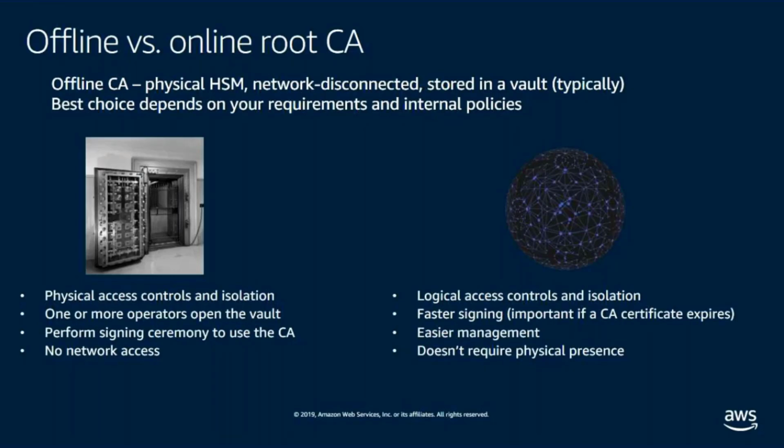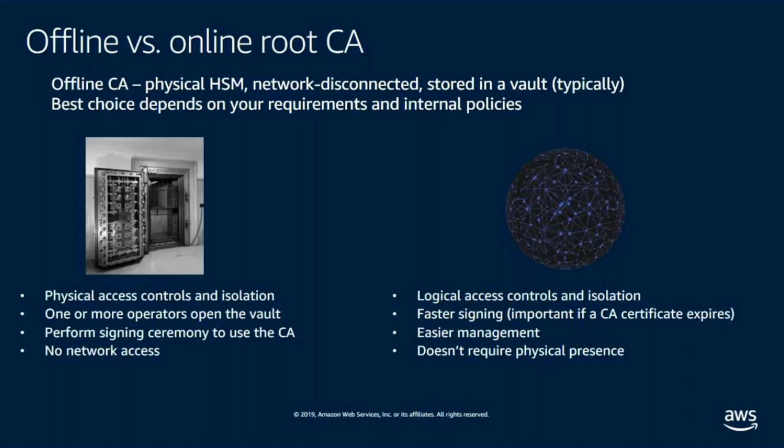And whether you choose an online or an offline root CA really depends on your requirements and your internal policies. I would say from a security perspective, the best practice is to have an offline root CA. And many customers have offline root CAs. They're going to continue to operate them and maintain them, and that's great from a security perspective.